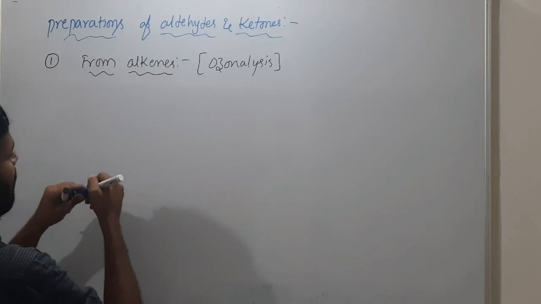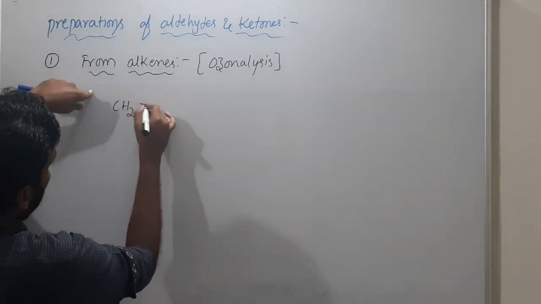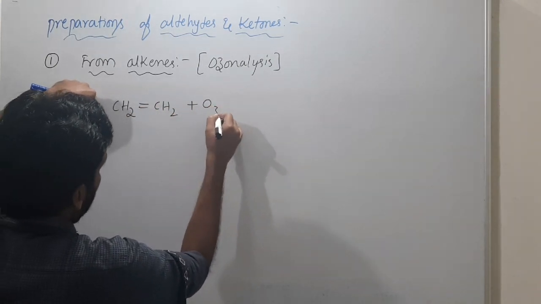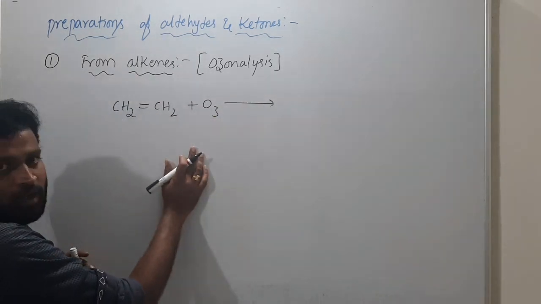So alkene on ozonolysis, what happens? When CH2 double bond CH2 reacts with O3, first a cyclic ozonide will form.